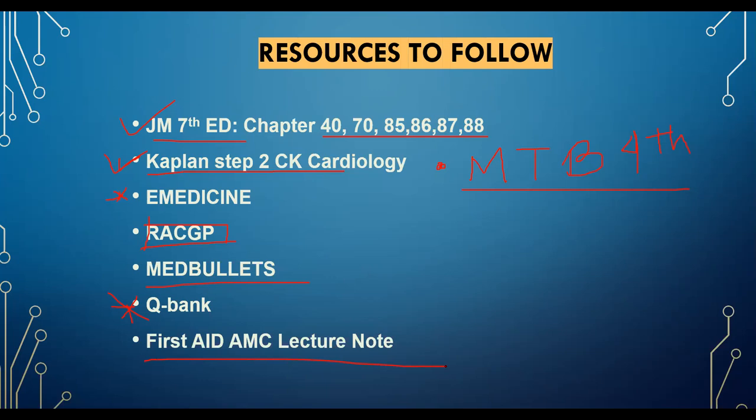We take the important topics and keep them in our lecture notes so that you can go through our lecture notes without going through all these books. But still, I would obviously advise you to at least go through these books once, because that gives you confidence. And sometimes we may miss some of the topics, so it's important to go through these books at least once. So these are the resources we will follow for cardiology.